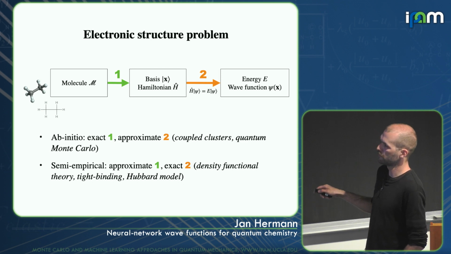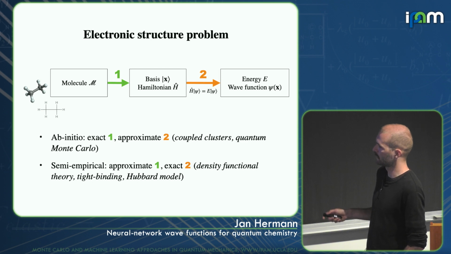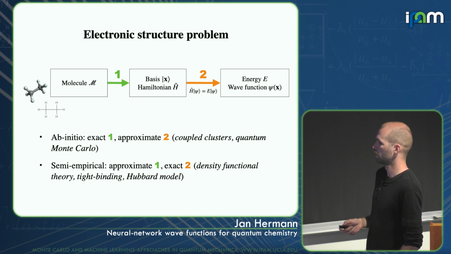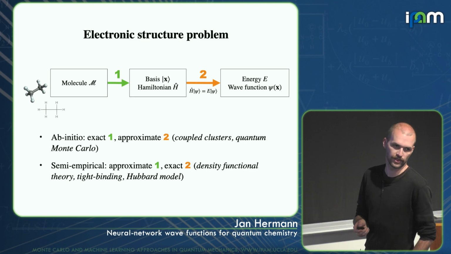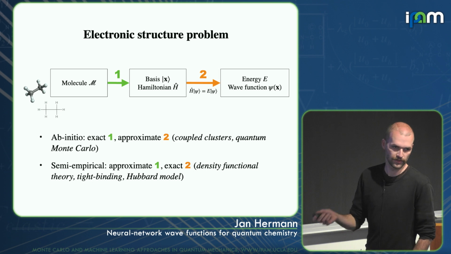It might sound a bit trivial to solve it exactly, but you can do it, and so then the source of approximations in these approaches is how you build the Hamiltonian. This would be, for example, density functional theory, where you try to approximate the Kohn-Sham Hamiltonian by defining a functional, or tight binding approaches, or even simpler stuff like the Hubbard model.